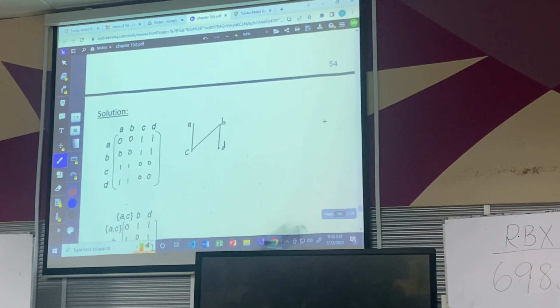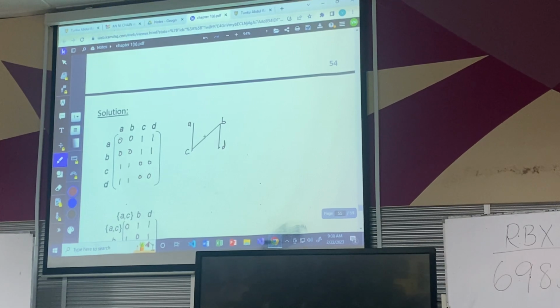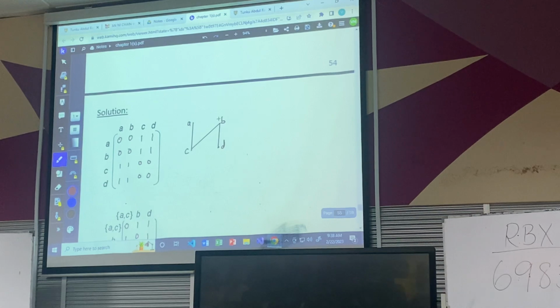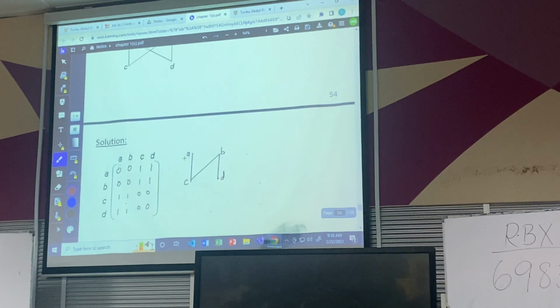As you know, it is not necessary that we can have only this one. As I told you, you can try any other spanning tree. For example, what other spanning tree can we have?